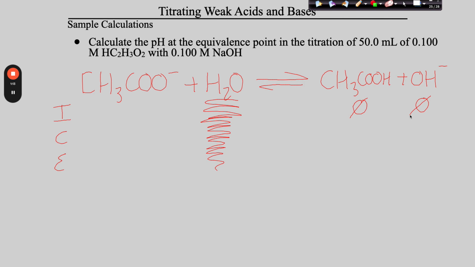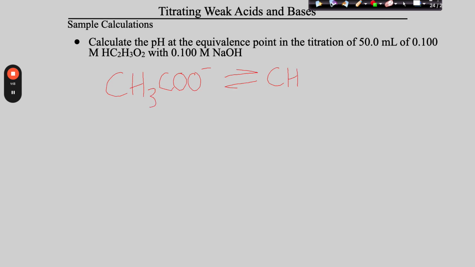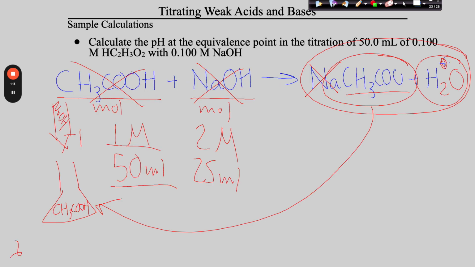But we need to know what about the acetic acid. What satisfies this? The molarity, right? Because we need to know the molarity of the acetate ion in order to figure out its equilibrium concentrations. How on earth are we going to come up with the molarity of this?